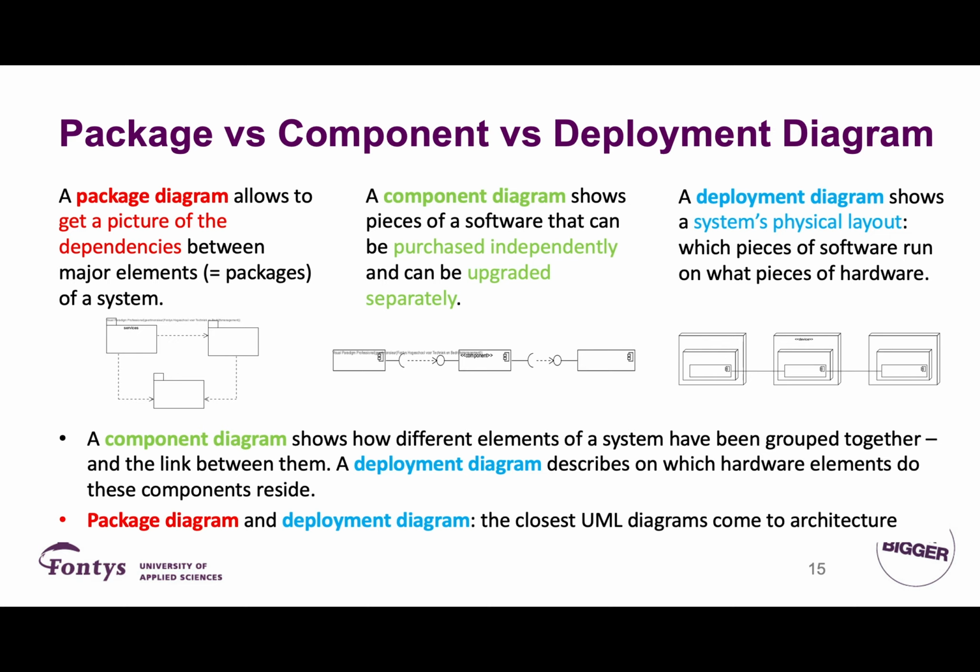And then we come to the deployment diagram. This now shows really the physical layout. Where is my application, my artifact, really running? Where is it deployed? This is a nice overview of how my application is deployed in the real world.